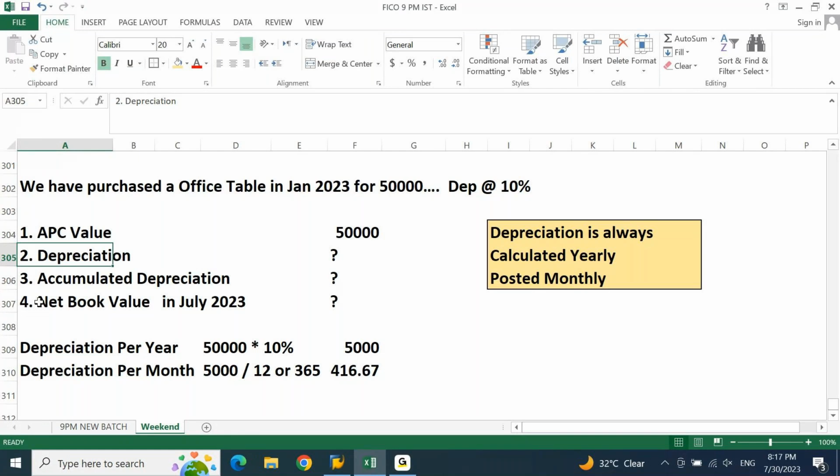I'll use it after a month or after 2 months. Then I am purchasing the asset now, but I am capitalizing it after a month or after 2 months, which means my depreciation will be charged after 2 months. That is also possible. So it depends on different scenarios, different business requirements, which we will discuss when we are actually working on asset accounting.